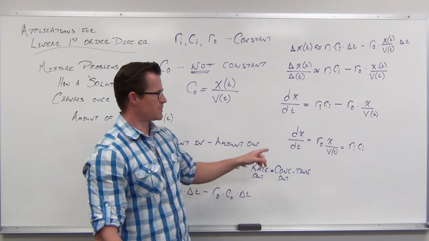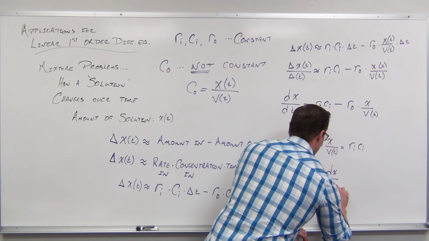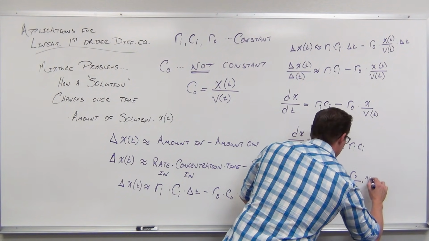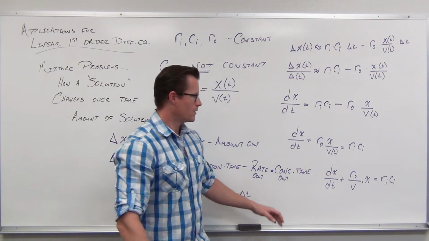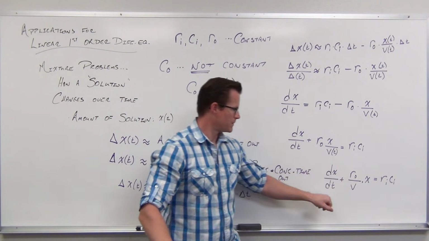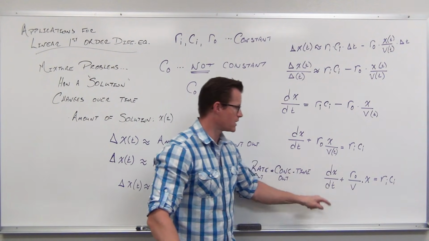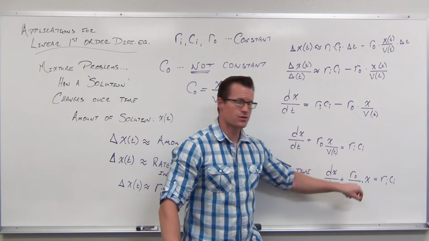and maybe this will help you see it a little bit better. We have a differential equation, first derivative, so first order differential equation, linear. We have our dependent variable right here raised to the first power.